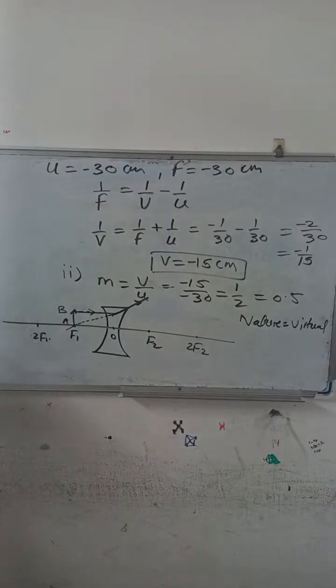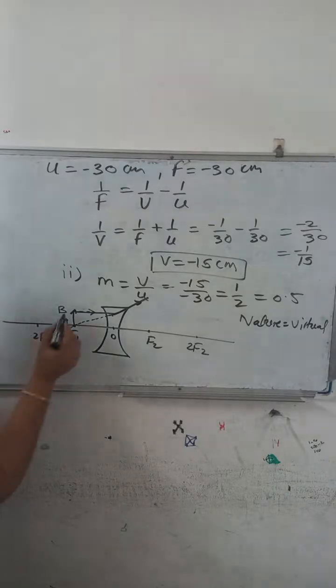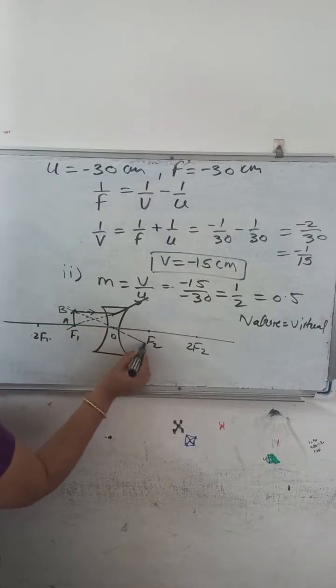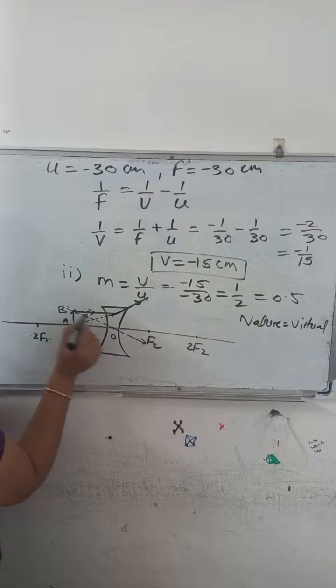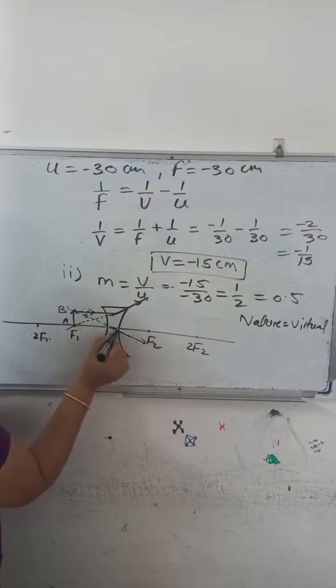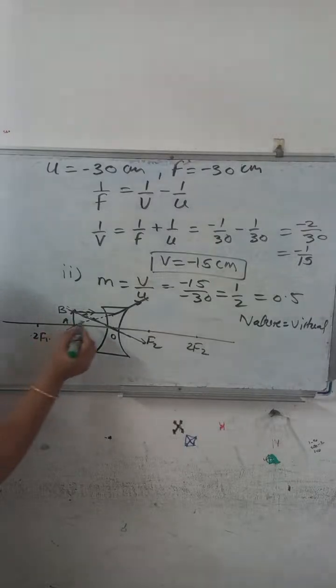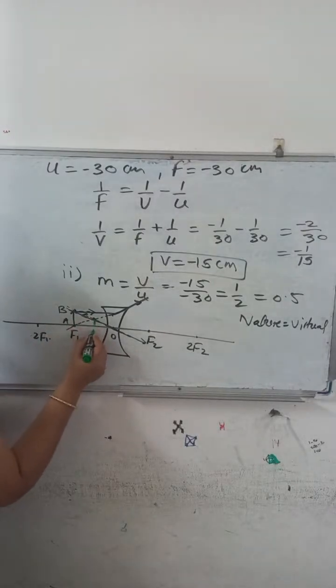Another ray I am taking is passing through the optical center. So this retraces back on the same path. Here they are cutting. From that point you can draw a perpendicular on the principal axis. So you will get A dash and B dash.